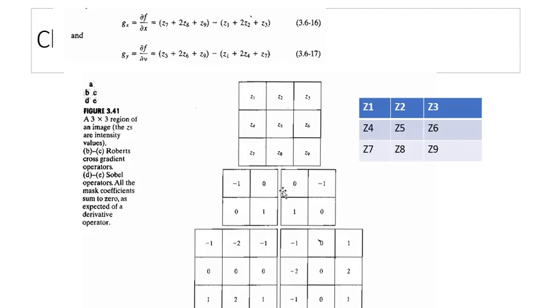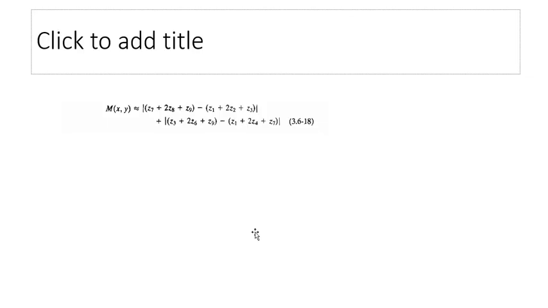Figure B represents the Roberts operators, and figures D and E represent the Sobel operators. In the exam they'll ask questions to apply the Roberts and Sobel operators directly on a given matrix. So this is the final expression for the magnitude of gx and gy.